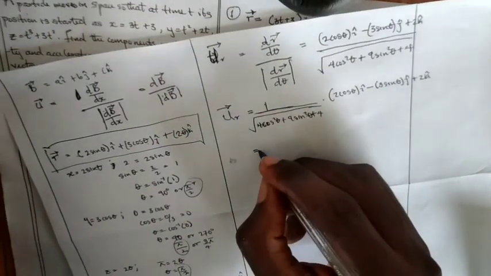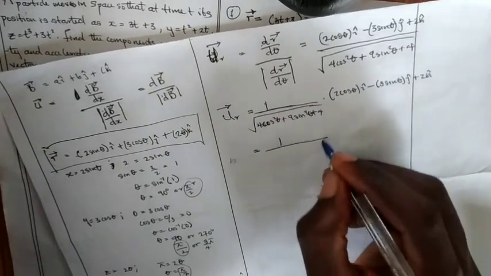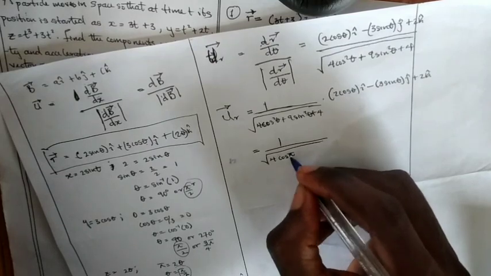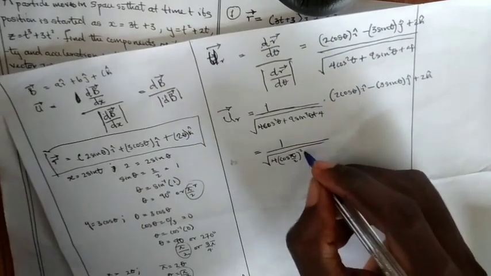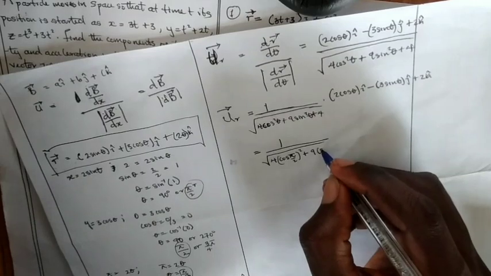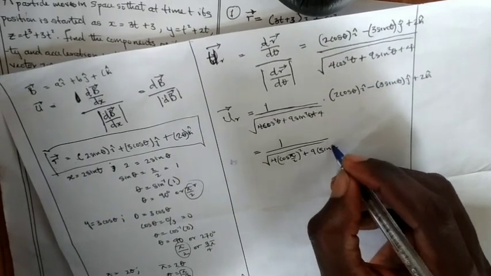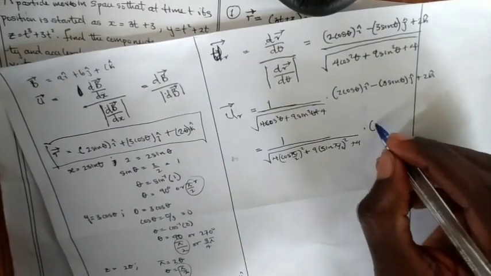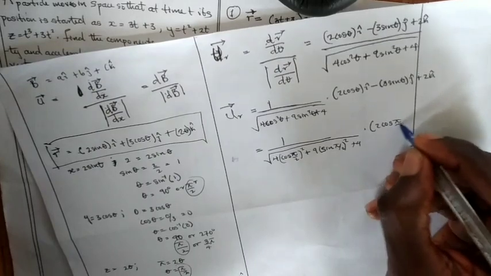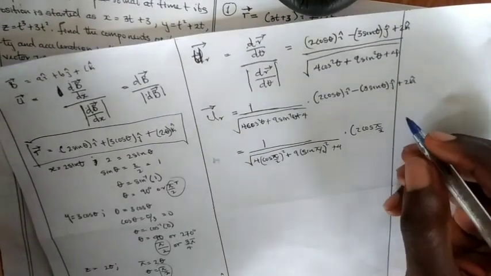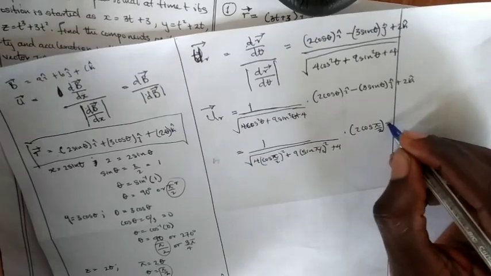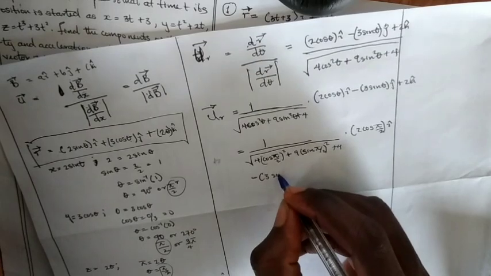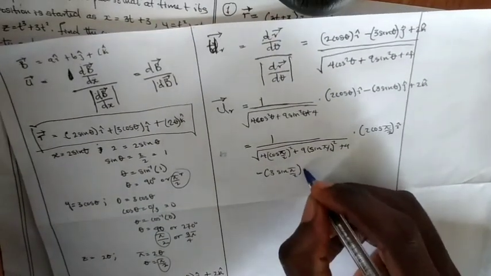So once we put that in, we have 1 over the root of 4 cos squared of pi over 2 plus 9 sin squared of pi over 2 plus 4, dot 2 cos pi over 2 i minus 3 sin pi over 2 j plus 2k.